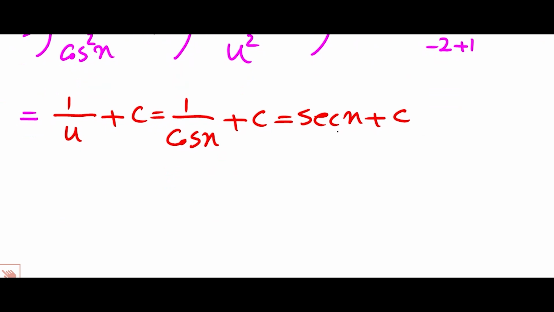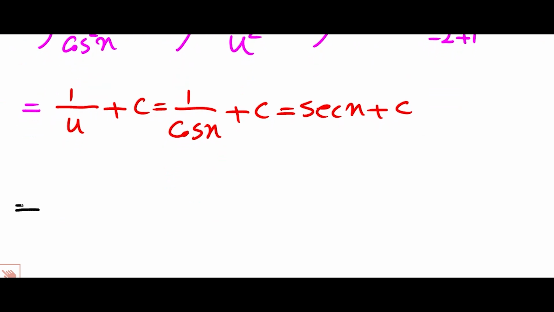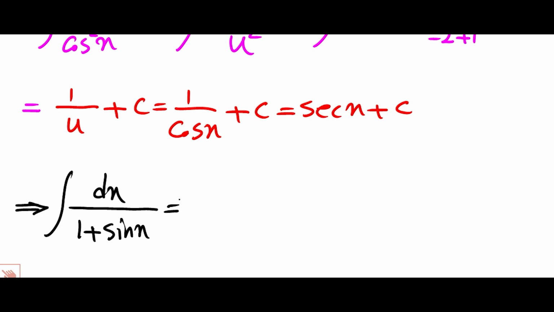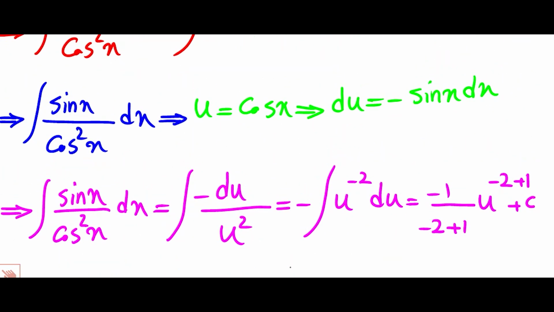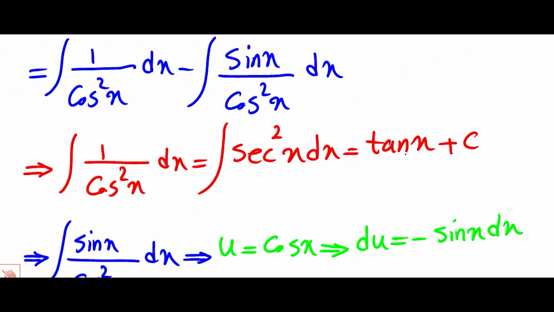Now putting both parts together, we have the integral of dx over 1 plus sine of x equals, the first integral is tangent of x, right?